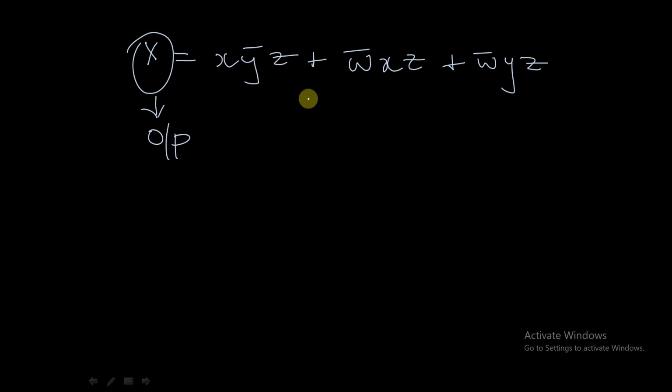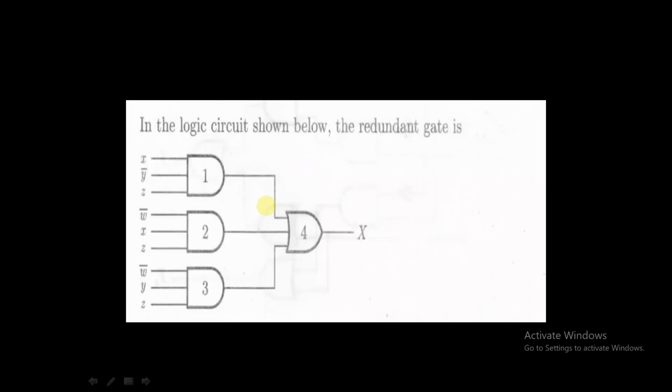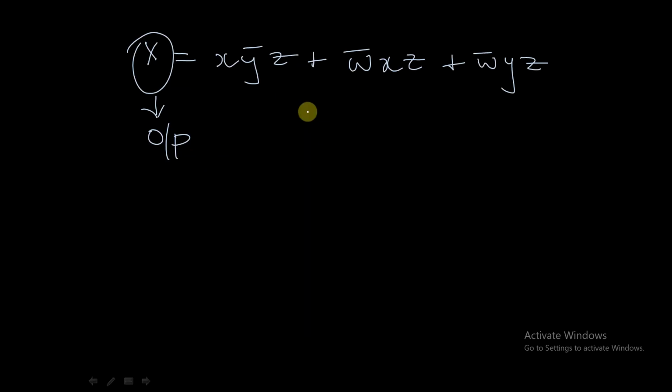So this is our output. Now since it is a four variable k-map, the total number of cells is 2 power 4, which is equal to 16 cells. So I will draw a k-map.